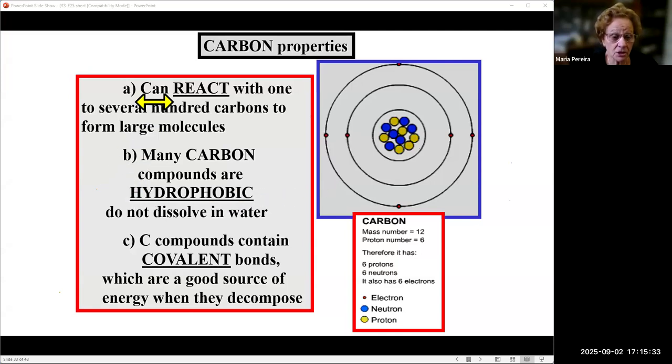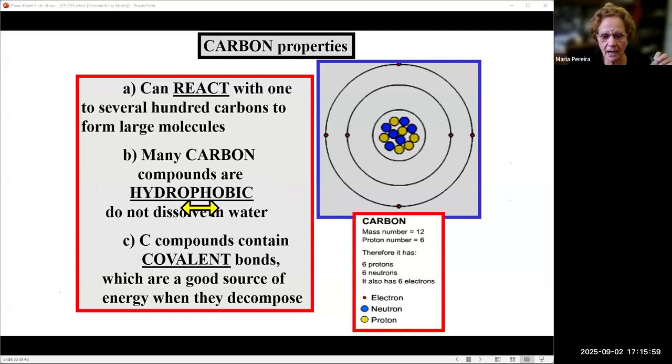So the carbon atom can react with many other carbons to form large molecules. If you think about glycogen, that is a form of storage of glucose in the muscles. That means that glycogen has many, many glucoses attached to each other via the carbon atoms.